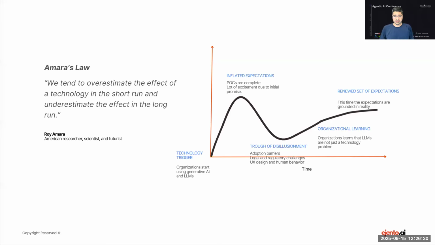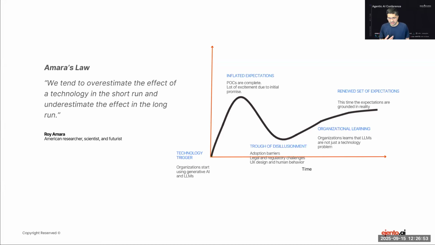POCs on maybe 10 PDFs or 100 documents work amazingly, right? And suddenly, when we try to operationalize or deploy these applications, there are adoption barriers and challenges. And then there is a sustained learning curve after that.